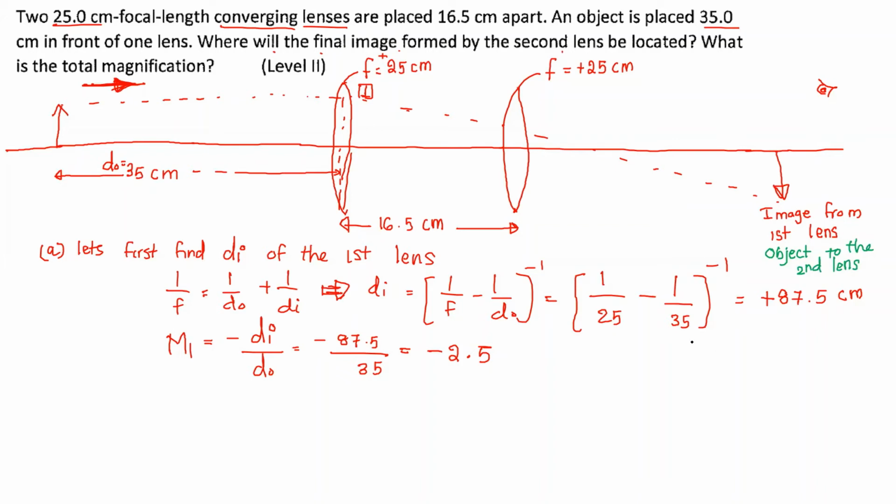So what can you tell about the second lens now? The direction of light is this way, still this way.